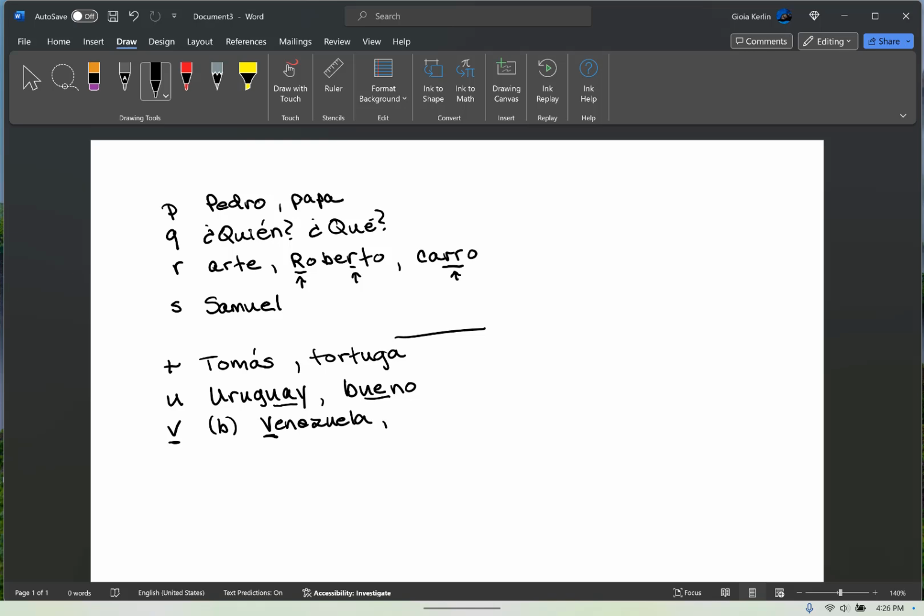Just like this B, if you have this B in between two vowels, it makes the same sound. Avispa. So in this case, a V in between two vowels and a B in between two vowels has a softer sound. You don't completely close your lips. Let a little bit of air come out.